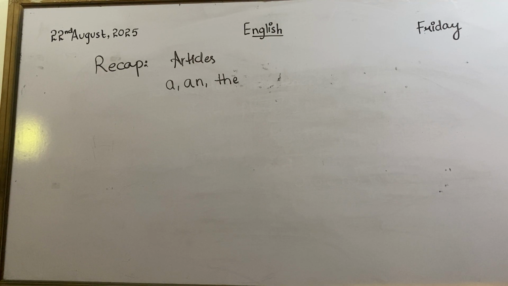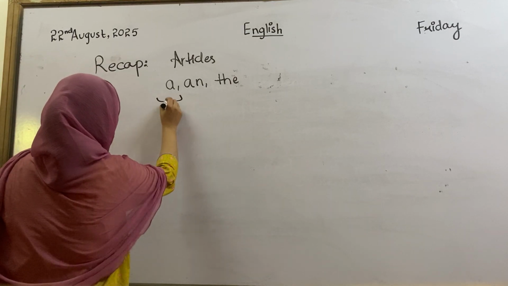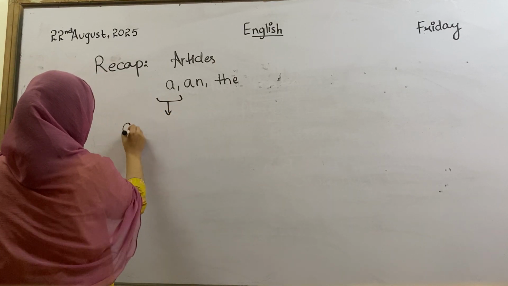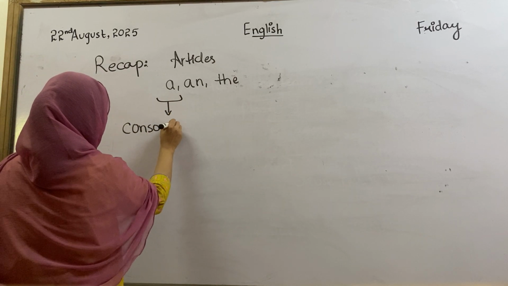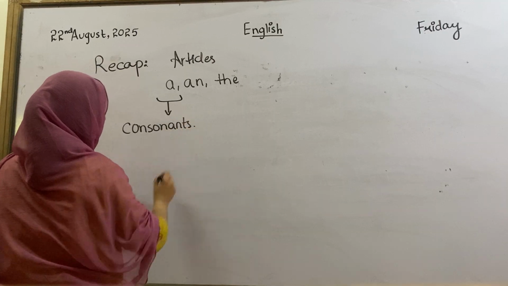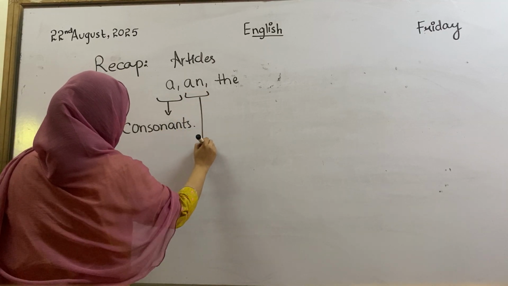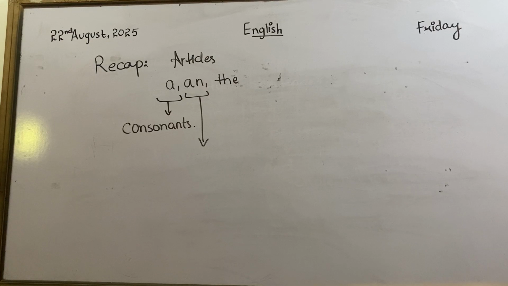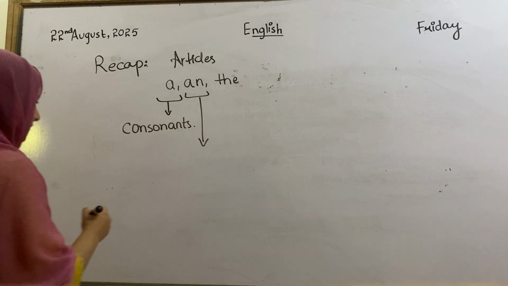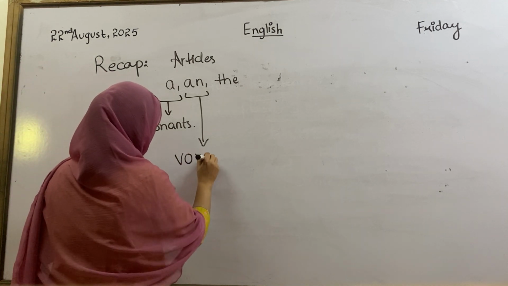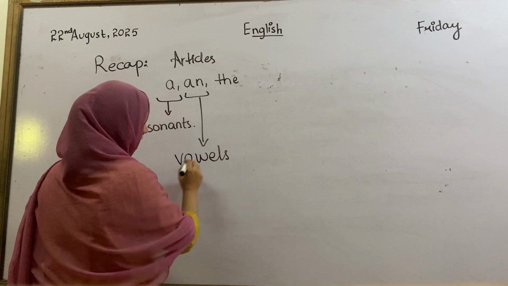Very good. We use a with consonants. Where do we use an? Yes, Zahir. With vowel letters. Excellent job.